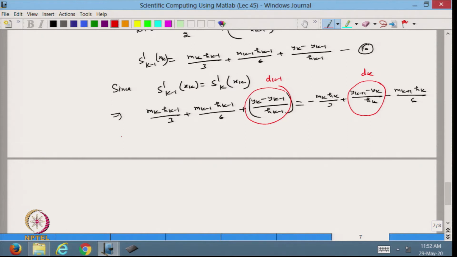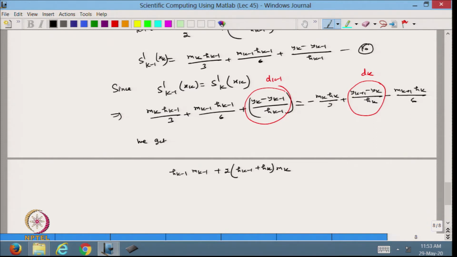So from here I can write now, after doing the manipulation, what we will get is this one: hk minus 1 mk minus 1, because from here I will get the LCM, that is 6, on both sides, and I will get this value. So this is mk minus 1 into hk minus 1 plus 2 times hk minus 1 plus hk into mk.